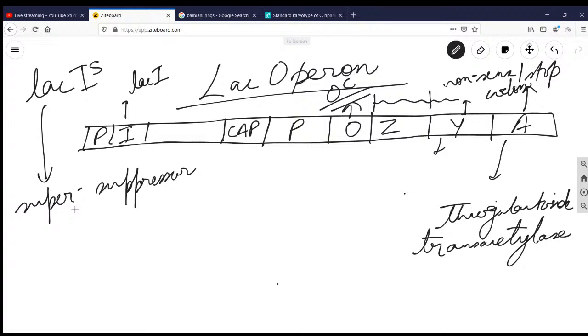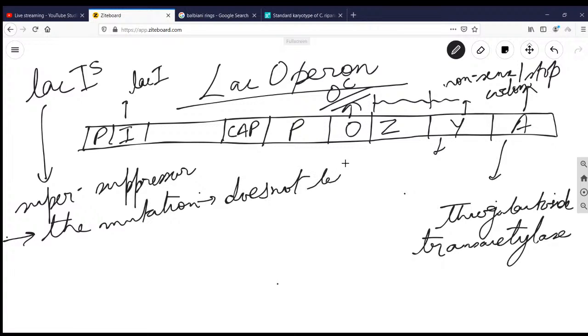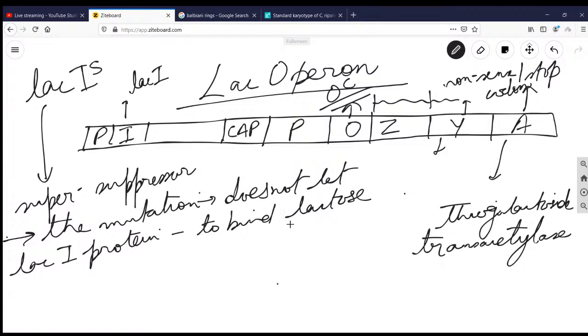Just listen to it one more time. The mutation which made it IS doesn't let LAC-I protein or repressor protein bind lactose. That is the meaning of IS mutation. The meaning of I minus was it cannot bind to the operator region, but here it cannot bind lactose.